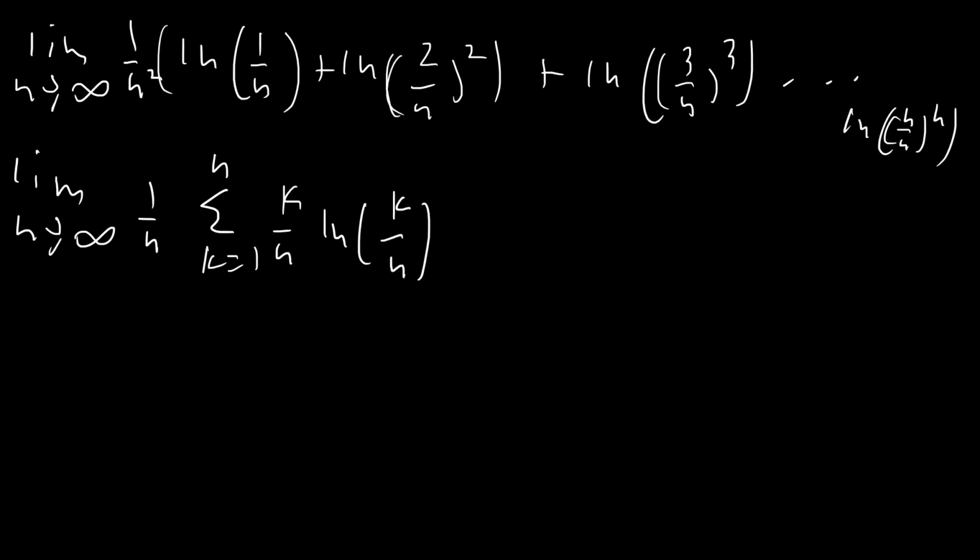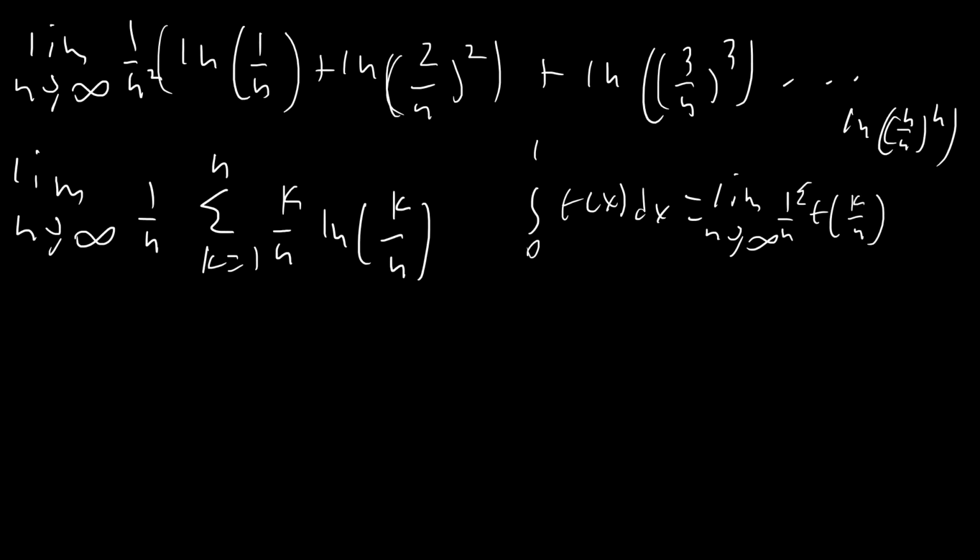And if you notice right here, we actually have the definition of an integral. Remember that the definition of an integral from 0 to 1 of f of x dx is equal to the limit as n goes to infinity of 1 over n times f of k over n summed from k equals 1 to n, or from k equals 0 to n minus 1.